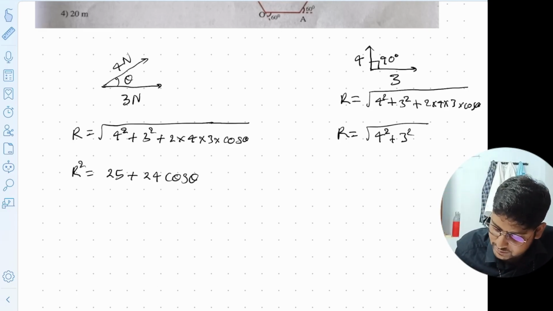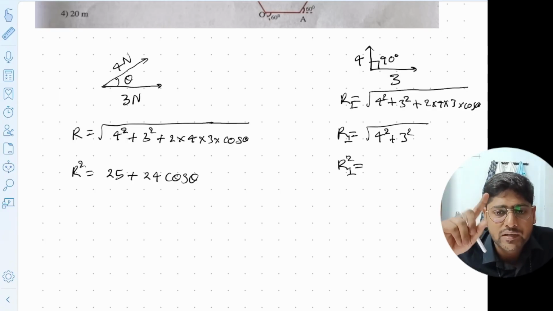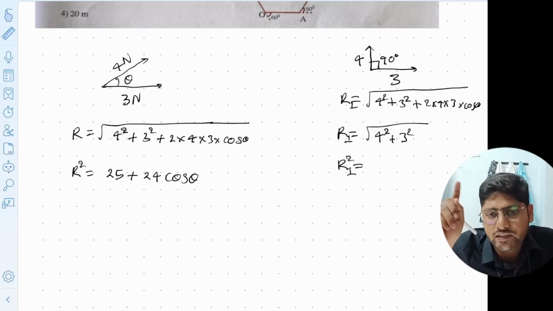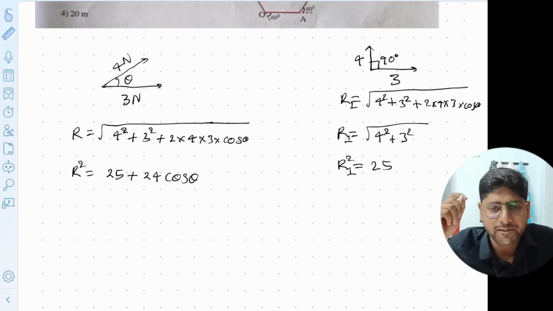So suppose this is R perpendicular. R perpendicular square is 4 square plus 3 square, 16 plus 9 equals 25.